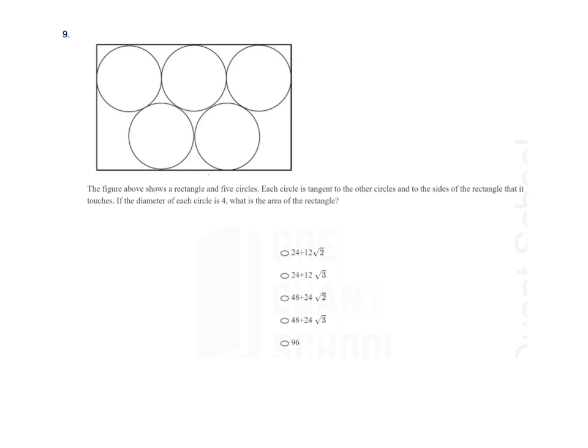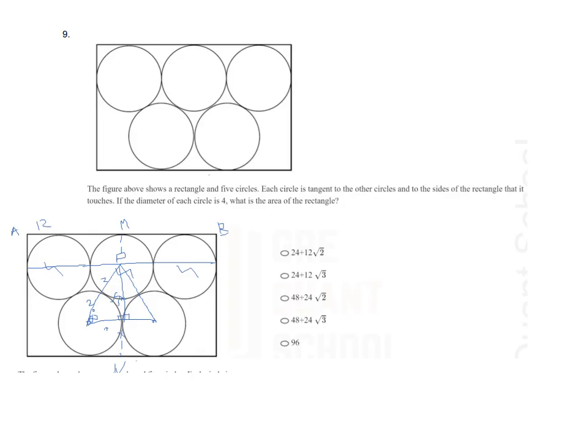Let us redo the figure. So if the diameter of each circle is 4, we get AB is 12, right? So there is a midpoint M and N. So AM equal to 6 and MB equal to 6.